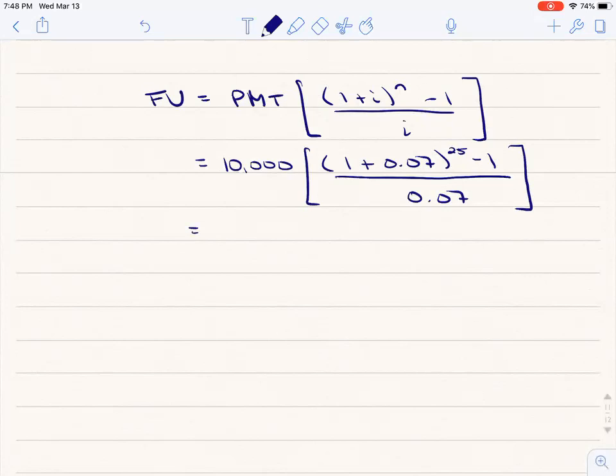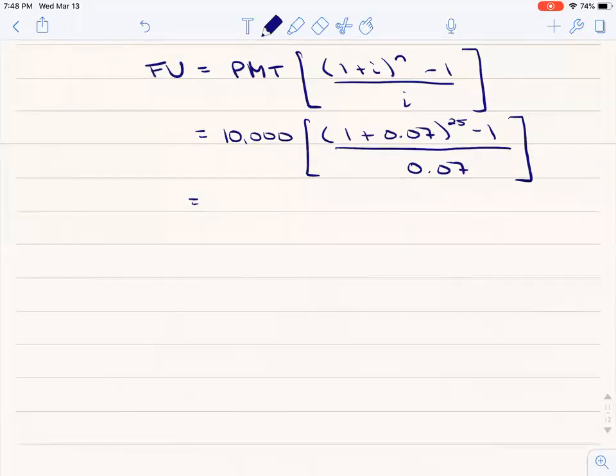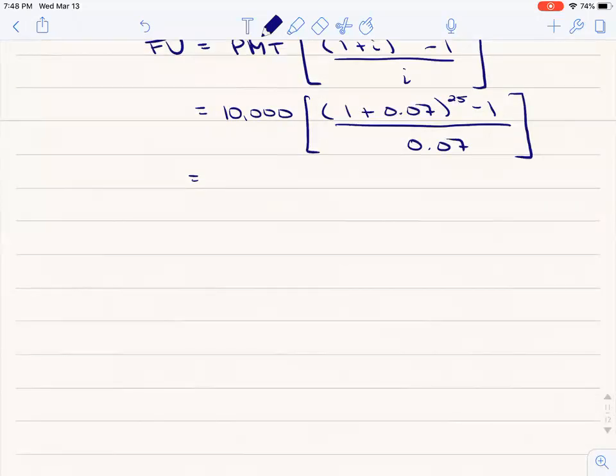Keeping track of your BEDMAS, right? We have to go inside the big brackets, but then there's more brackets inside, so we have to deal with those brackets first. I'm just going to go for it here. 1 plus 0.07 to the power of 25 minus 1, because it's actually not worth it to stop and write all these down.